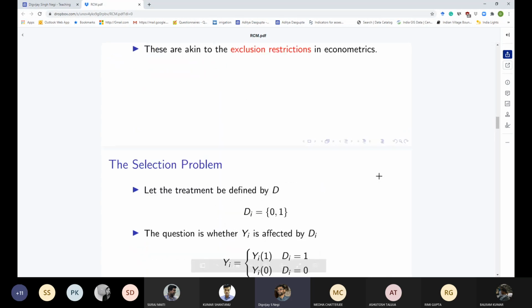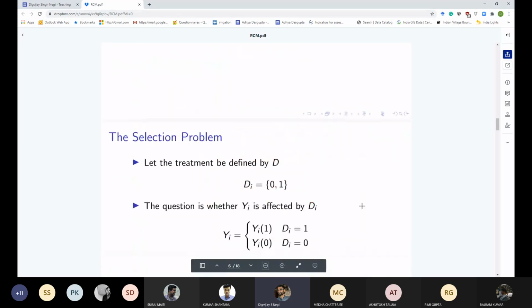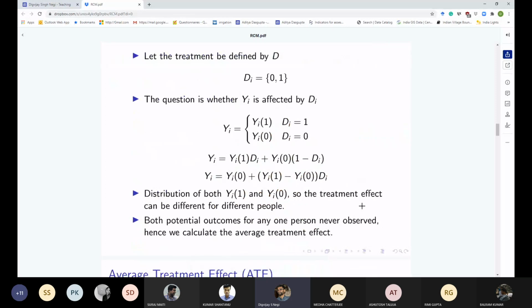So there is a unit i which we are interested in. That unit can be an individual, household, plot, whatever. Each unit i is assigned to either the treatment group or the control group. So i here denotes the unit and D denotes their status, whether they are in the treatment group or the control group.